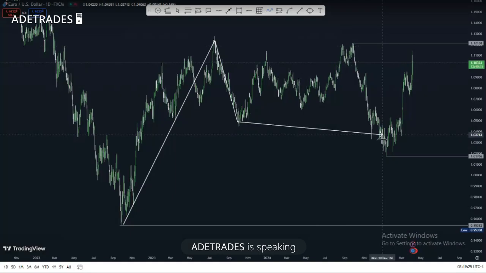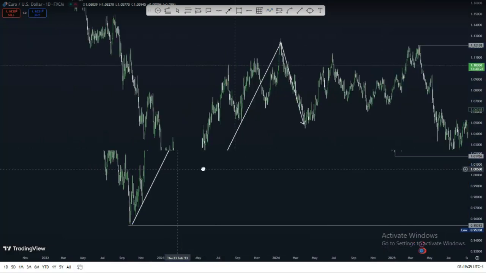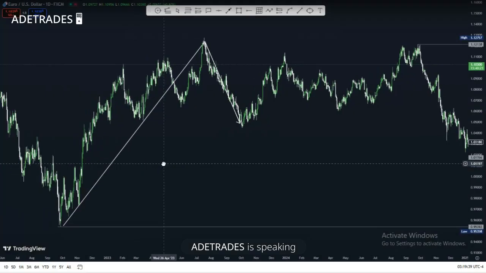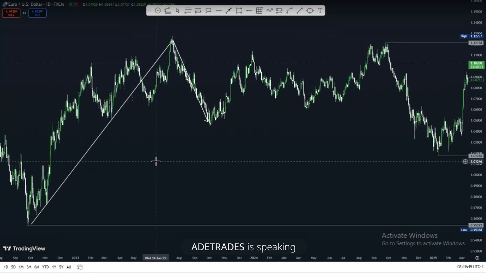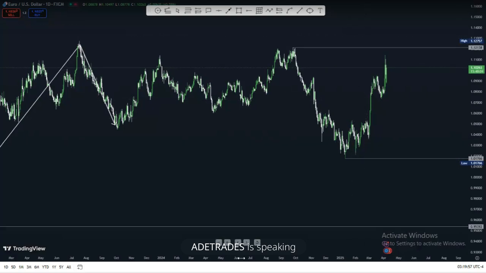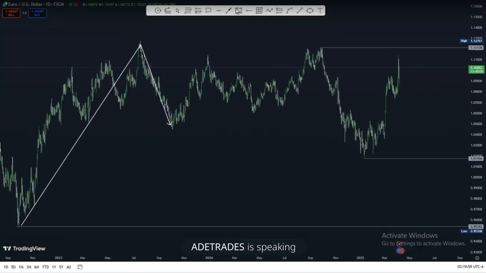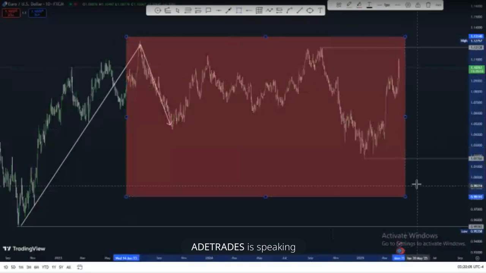So from this level, I think price is buying because there's an order block, a breaker block here. I think that's basically what made price change course at this place. But that doesn't stop the main overall sellers.